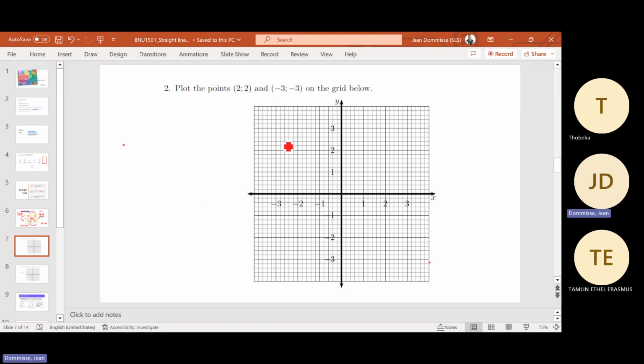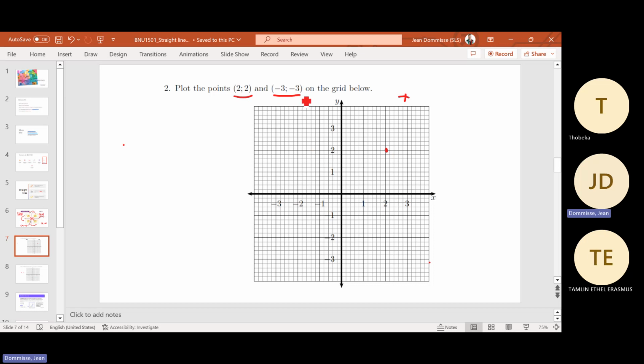Okay, so let me get to the pen again. Basically here they ask us to plot a point 2 and 2. So we know because it's both positive, it must be in quadrant 1. So 2 and 2 is sitting there.